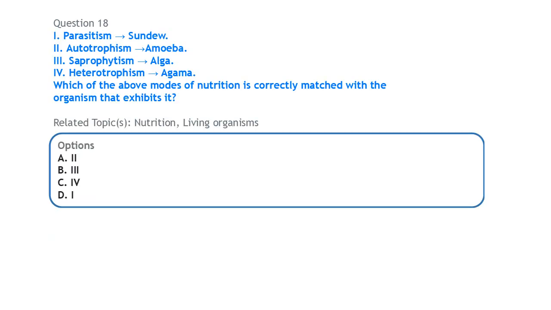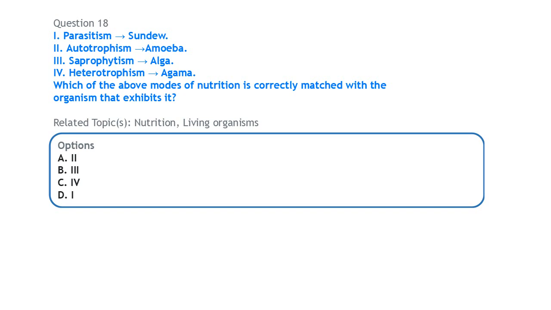Alright, so the question here: which of the above modes of nutrition is correctly matched with the organism that exhibits it? The first one is parasitism to sundew. The sundew is a carnivorous plant. It traps insects and releases digestive enzymes which break down the body of the insect, and then it absorbs the nutrients.